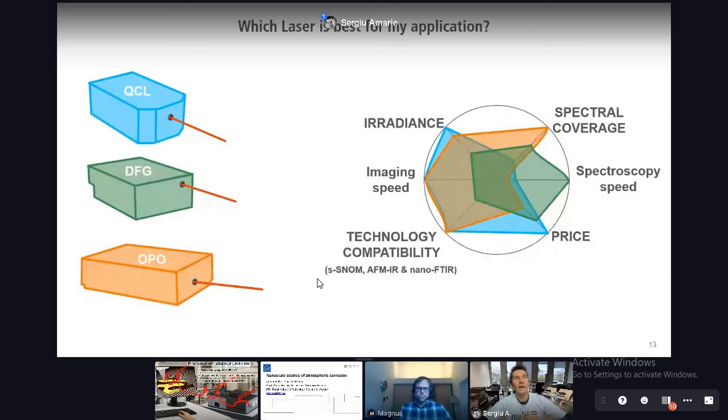If you use SNOM and nano-FTIR, you can also play a little with the penetration depth by choosing a different tapping amplitude. The range is everything between 10 nanometers and, I don't know, 2 or several hundreds of nanometers. Like I said, PTE will give you more probing volume, while SNOM or tapping AFM-IR is more surface sensitive. I hope the question was answered properly.